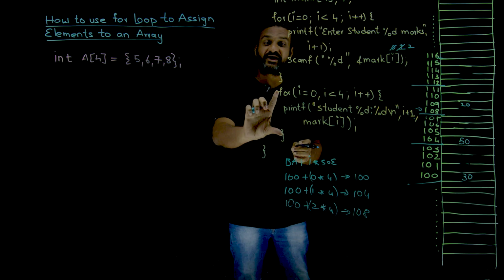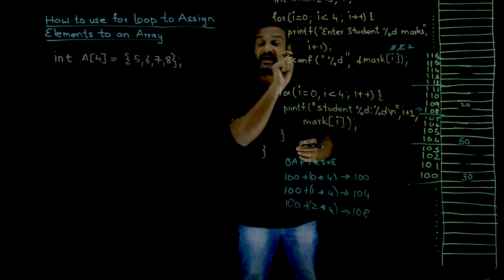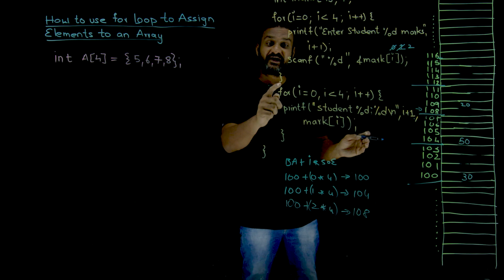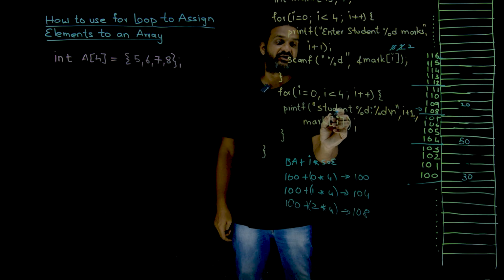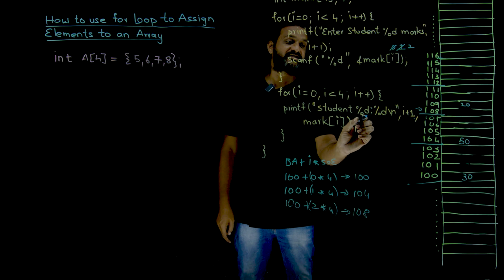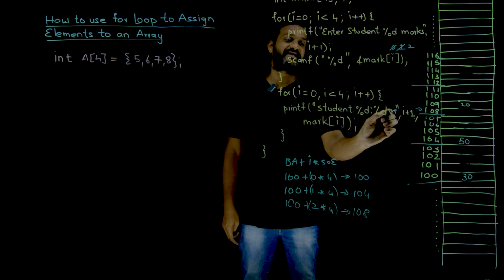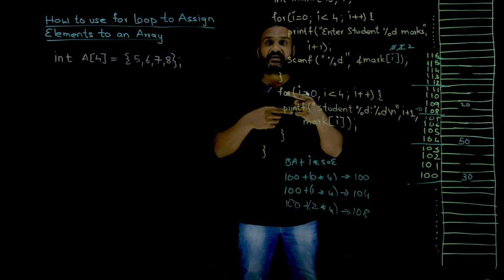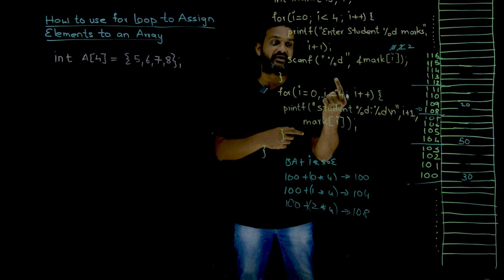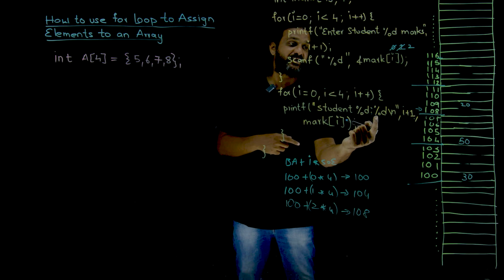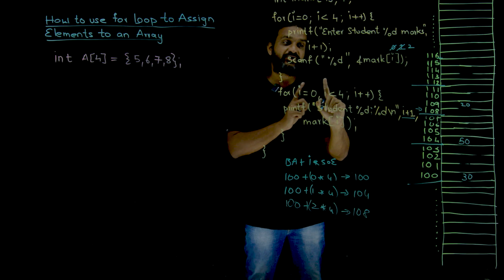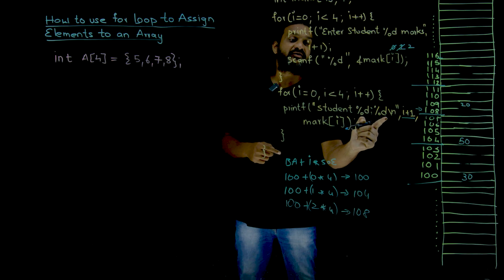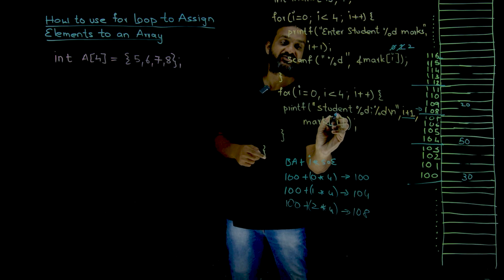What about the second for loop? Here we display the already assigned marks by using this for loop. The printf statement is very straightforward: Student %d colon %d slash n, meaning the student number will be provided, after that the colon will get printed. In this printf, i plus 1 prints the student number, student 1 colon, and then the marks of i.